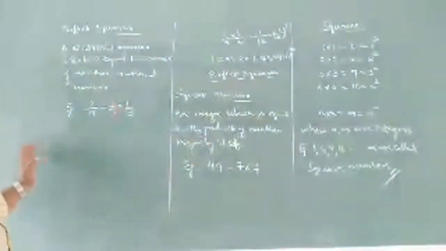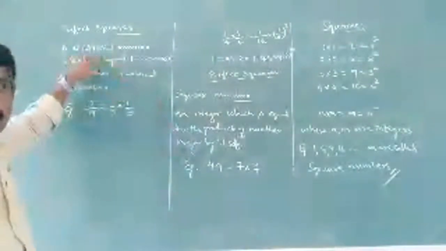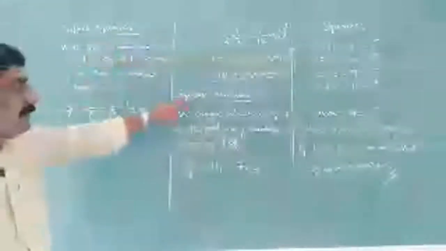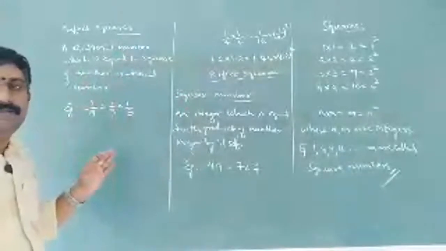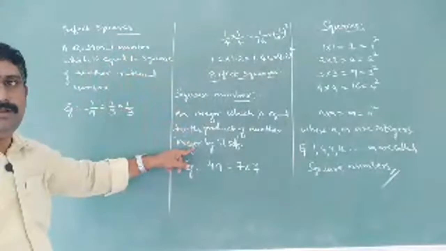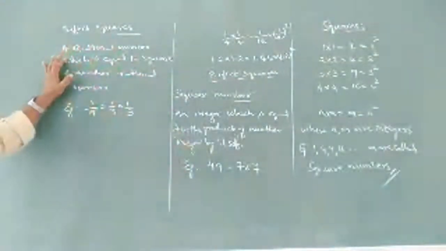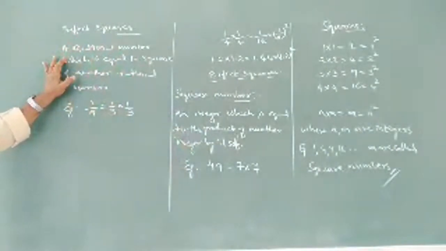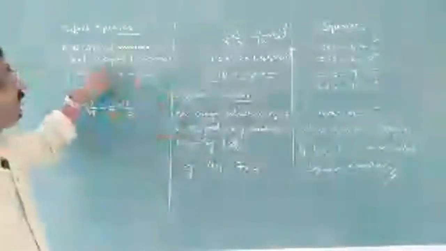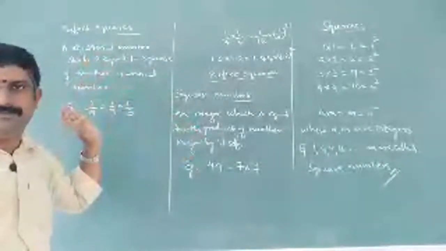Now, I got a question here. Is a square number a perfect square, or is a perfect square a square number? In which way? Here to here or here to here? Can you think about it? Square numbers and perfect squares. So what can we say here? All square numbers are going to be perfect squares, because of a simple logic: all integers are rational numbers.